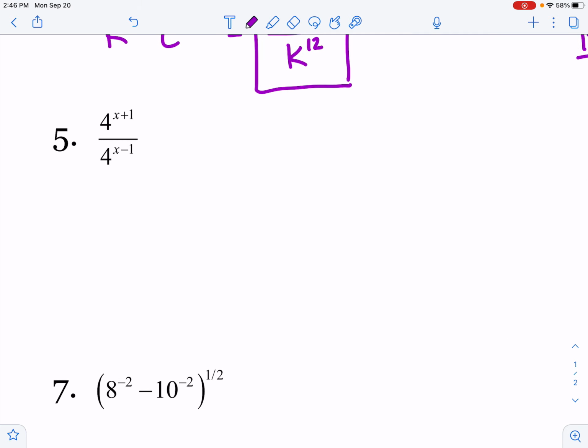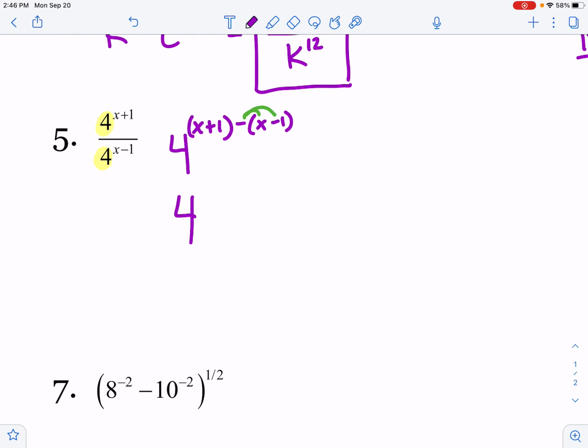In number 5, you'll notice that we have two things with the same base, and we are dividing. So when we do that, we write the base first, and we subtract those exponents. And what a lot of you might forget is, remember, when you're subtracting, you have to subtract both the x and the negative 1.